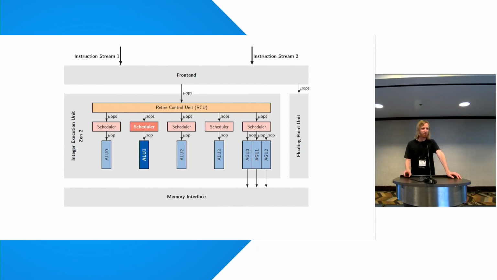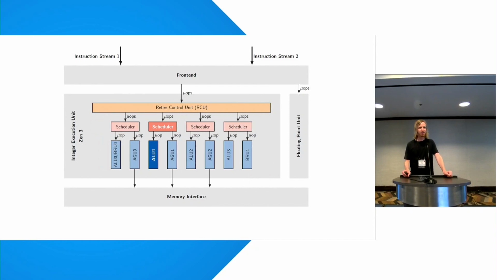Some of them are specialized, and in our case, arithmetic logical unit 1 is the one and the only one that is able to perform multiplications. This is the figure for Zen 2. On Zen 3, it's a little bit different, but we still have one scheduler queue that takes all the multiplications that come from the retire control unit.